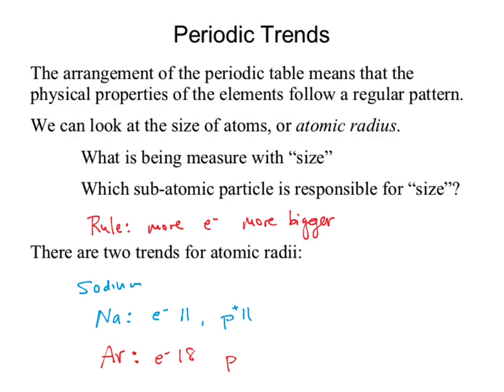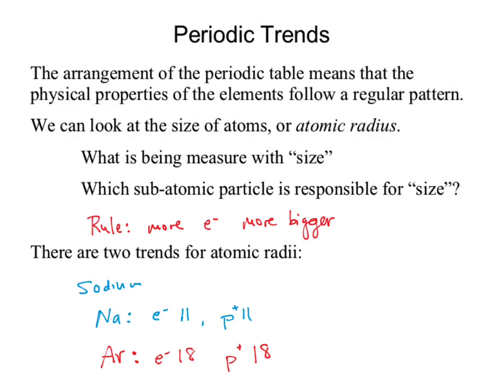How do you know the protons change? It has a higher atomic number. We could look at the atomic number for argon, and it is 18. What do the number of protons define? It defines the element.